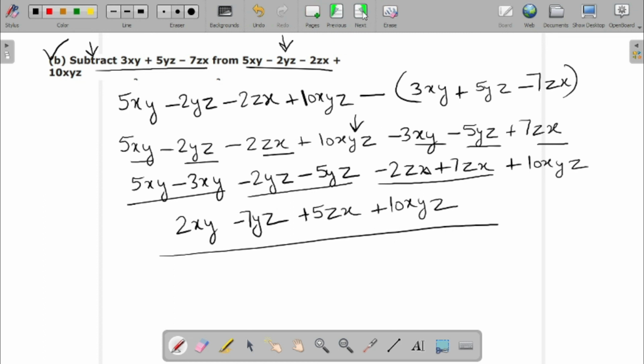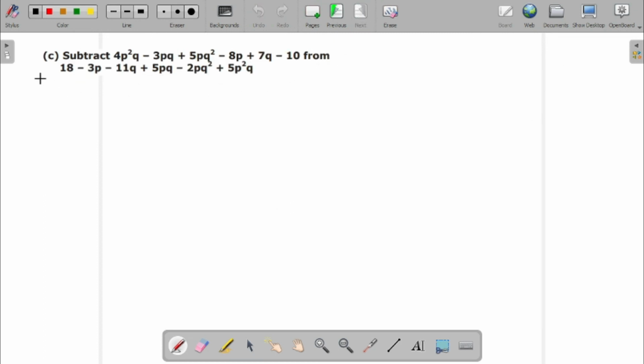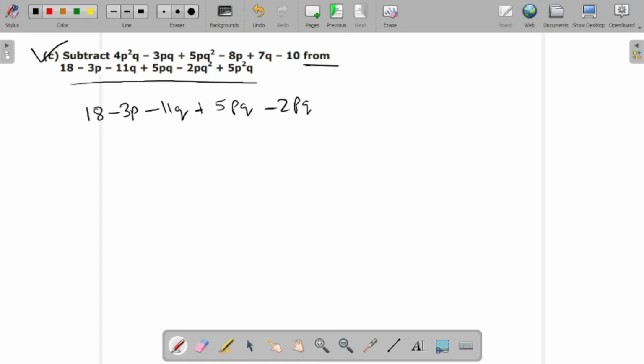Now we move to the next, C part. This is C part. Again subtract from. That means we have to write this term first. So we write here 18 minus 3p minus 11q plus 5pq minus 2pq square plus 5p square q.